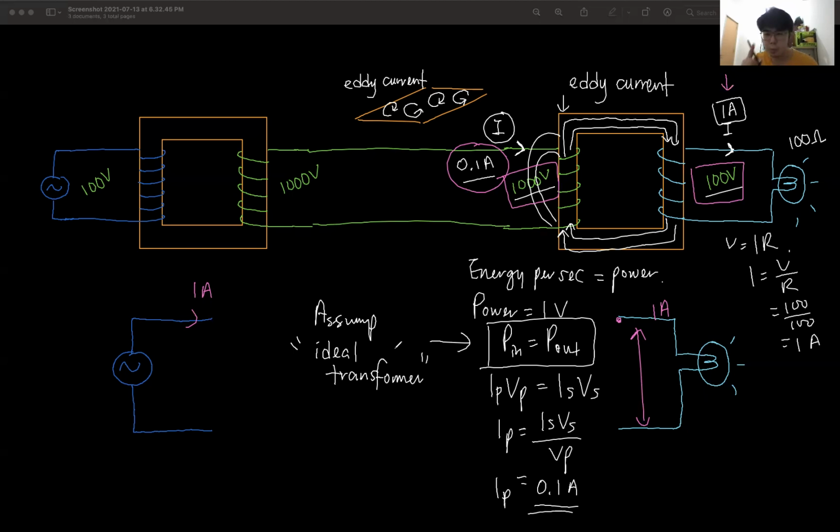Okay, we can see it from the mathematical point of view. You see, P in equals P out.